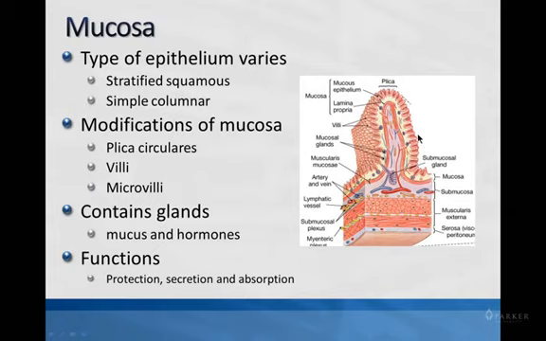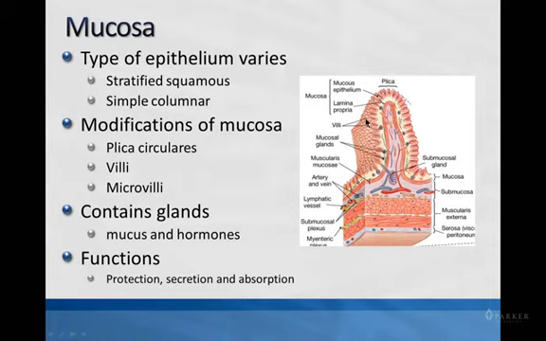You see simple columnar. In a lot of parts you see simple columnar also. Now the epithelium can be modified. You can have things like plicae circulares, which are infoldings of the mucosa.